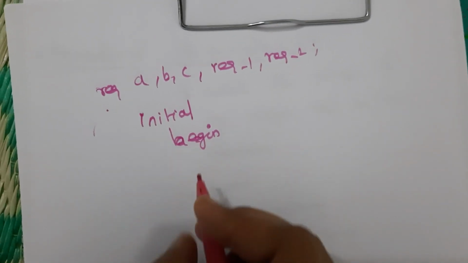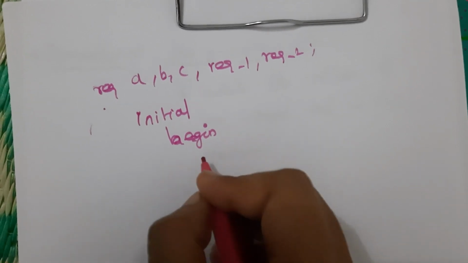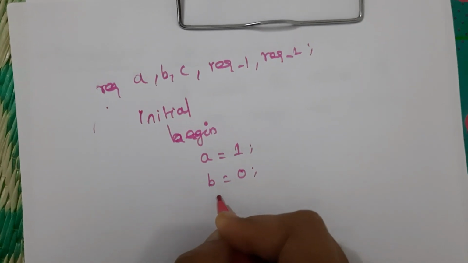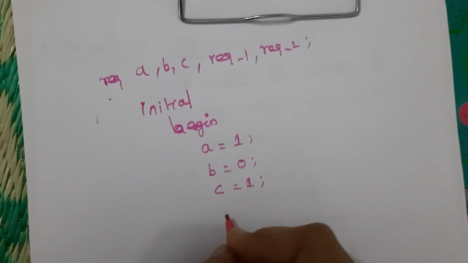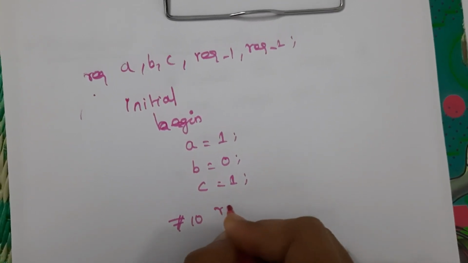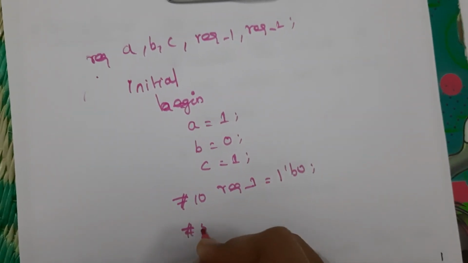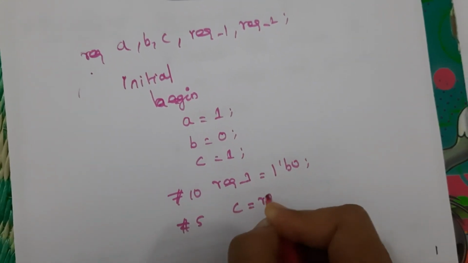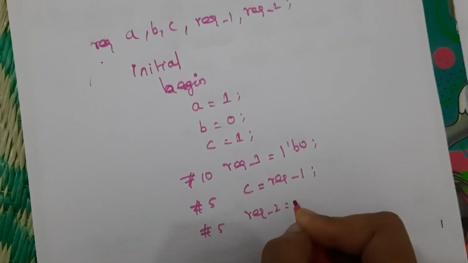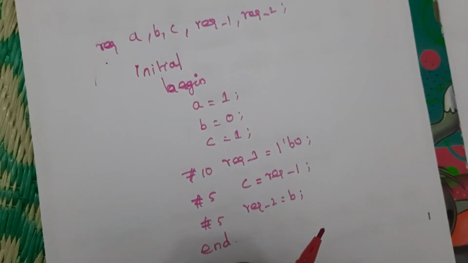Inside this initial begin block we write the function of the circuit. So first A is equal to 1, next B is equal to 0, next C is equal to 1. Then after 10 nanoseconds reg1 becomes 1'b0, and after 5, C becomes reg1, and after 5, reg2 becomes B, and now we end this initial block.